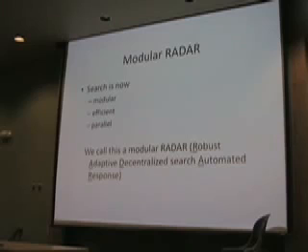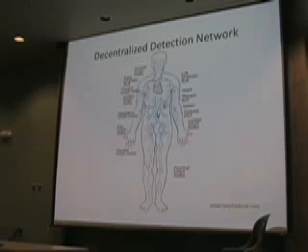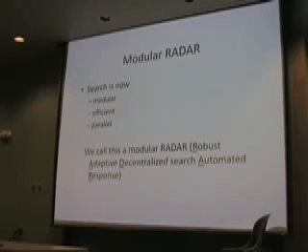And so search is now modular, divided into each of these modules, these small nodes which you can barely see. It's efficient within those modules, and it's a distributed, parallelized process. And we call this a modular RADAR search and response. RADAR stands for robust, adaptive, decentralized search and automated response.